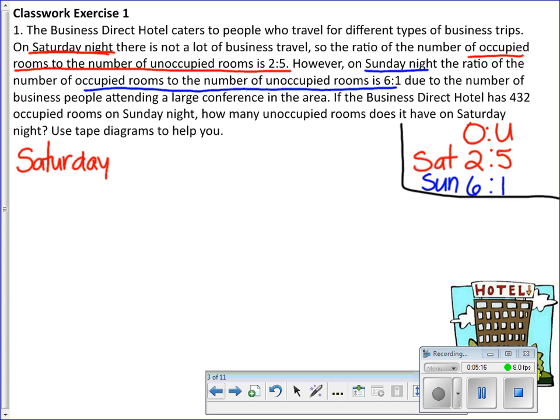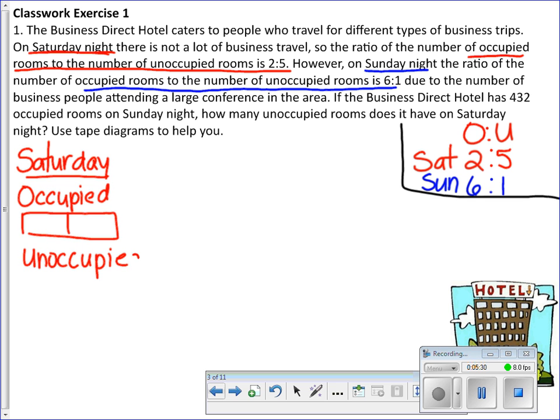So we have occupied. Occupied was 2. Unoccupied was 5. Then we had Sunday night.